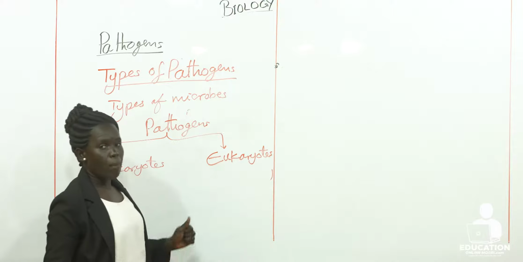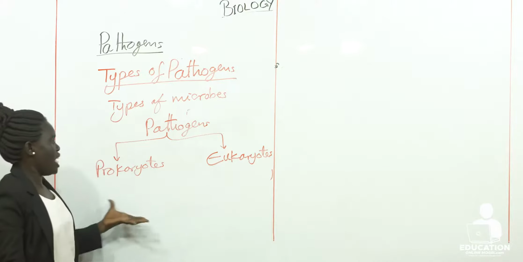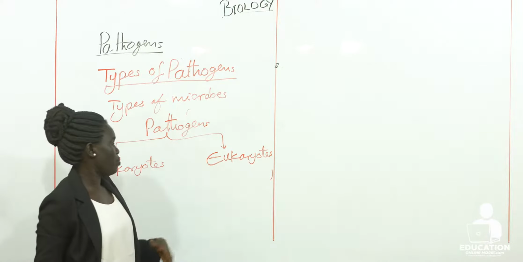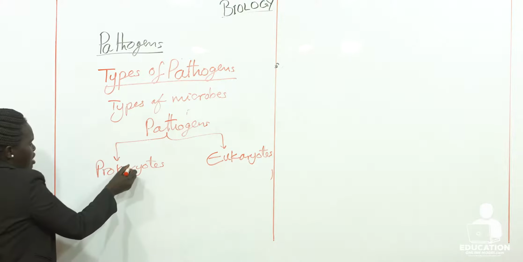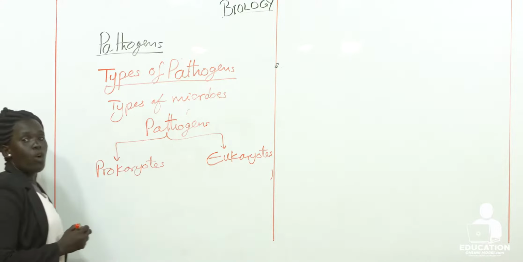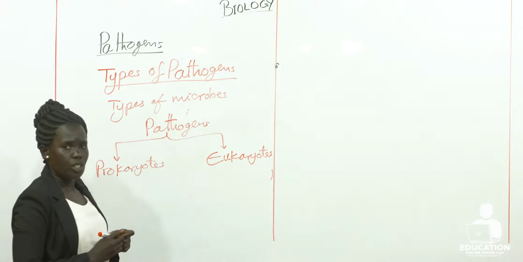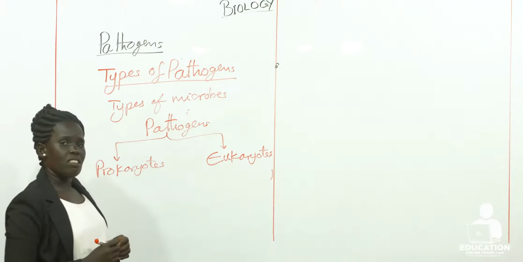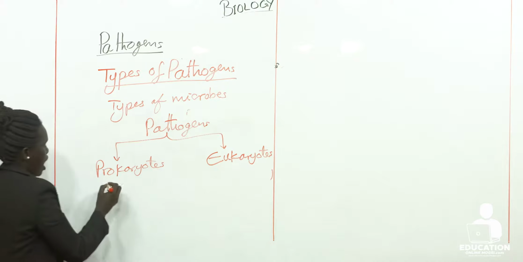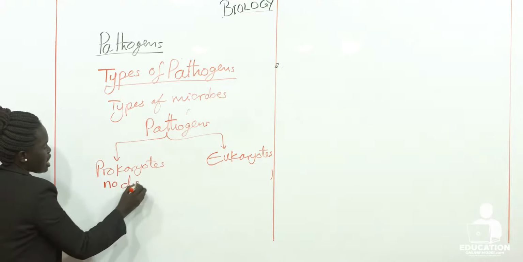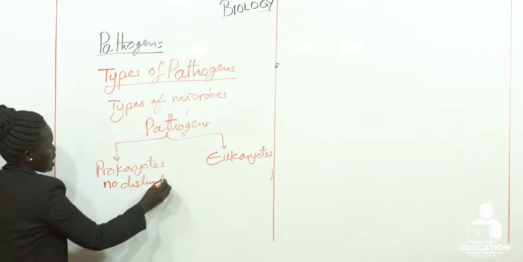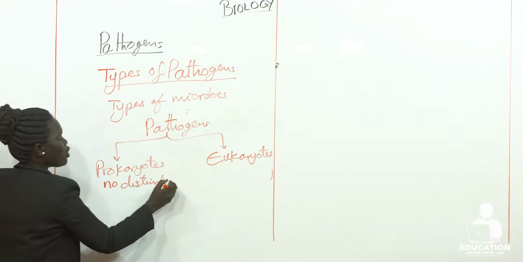Last time we talked about prokaryotic cells and eukaryotic cells. Prokaryotes are the organisms whose cells have no distinct nucleus.